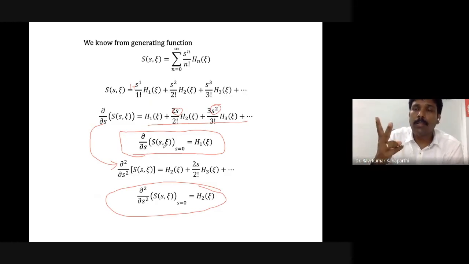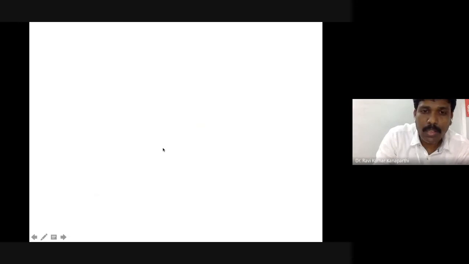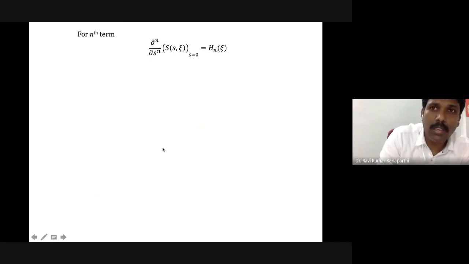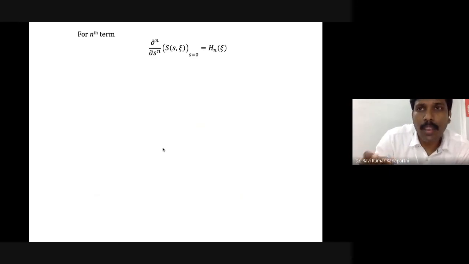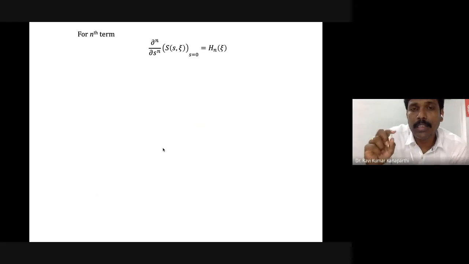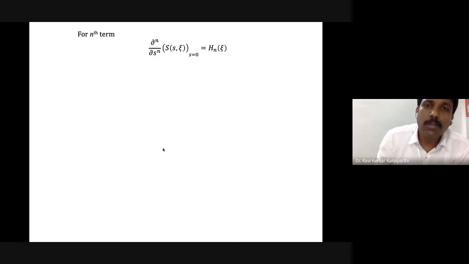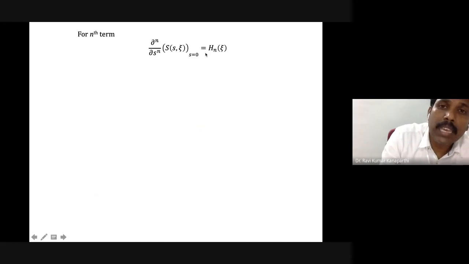Suppose you evaluate the second derivative of the generating function and substitute s equal to 0, in this case you are going to get h2 of z. So there is a nice correlation. If you take the nth derivative of the generating function and then substitute s equal to 0, the answer is going to be hn of z.